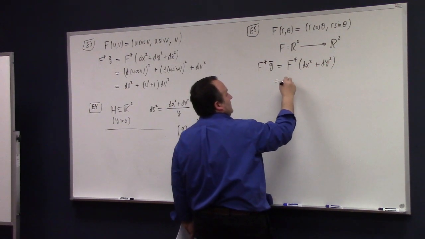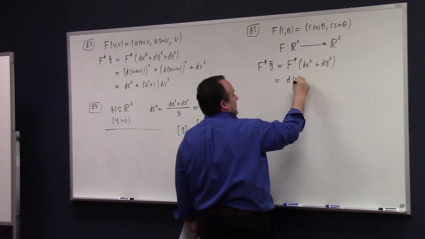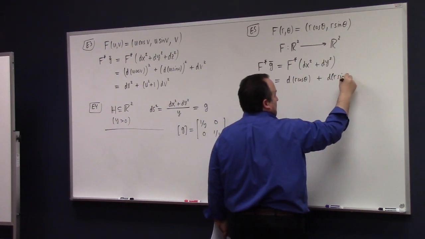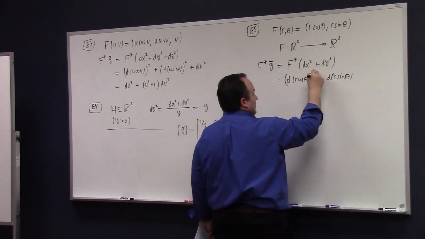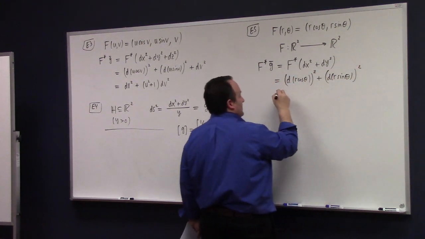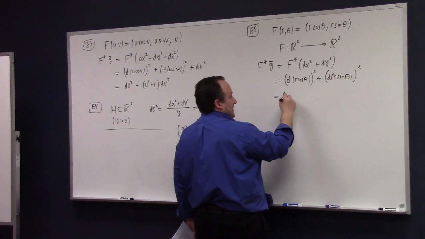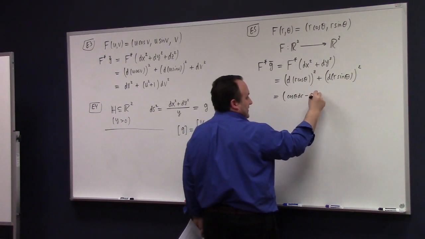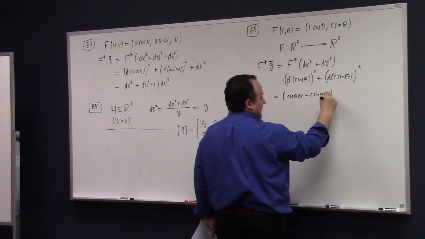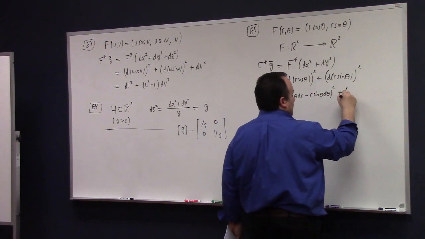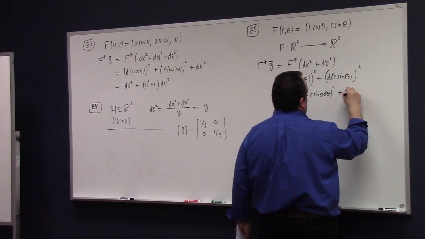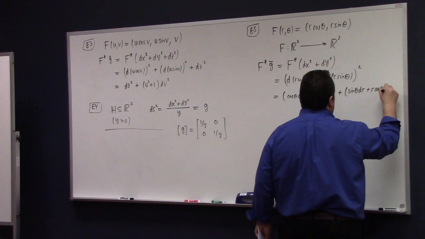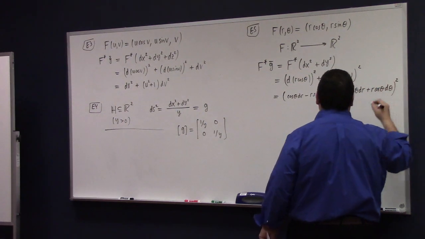We're doing d of r cosine theta plus d of r sine theta, and we're squaring those differentials. So that's (cosine theta dr minus r sine theta d theta) squared plus (sine theta dr plus r cosine theta d theta) squared.